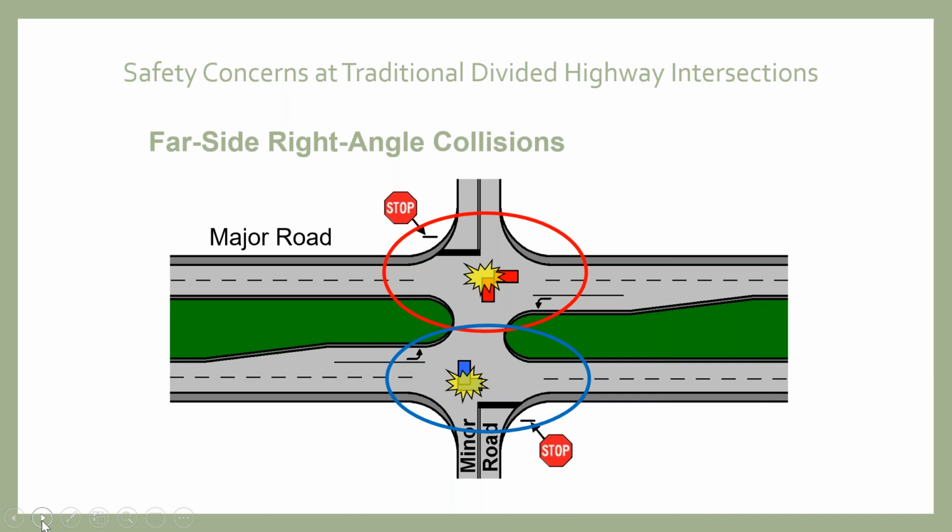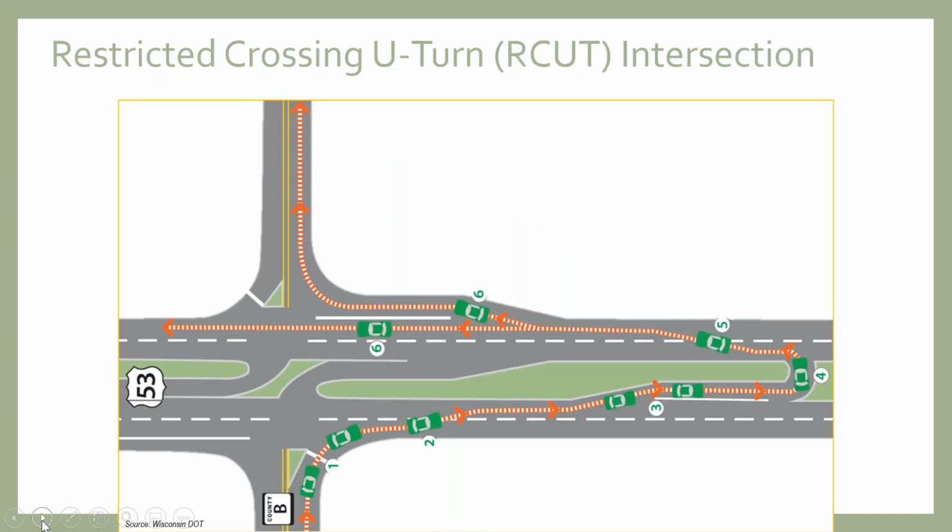And so there's an overrepresentation of those far side right angle collisions, and those tend to be severe types of crashes, T-bone types of crashes. Those are exactly the collisions that are eliminated with a restricted crossing U-turn.